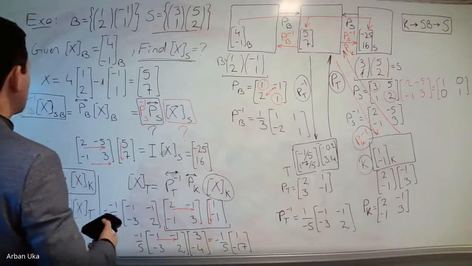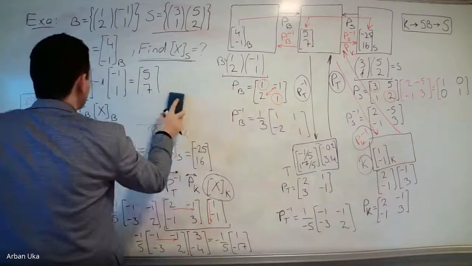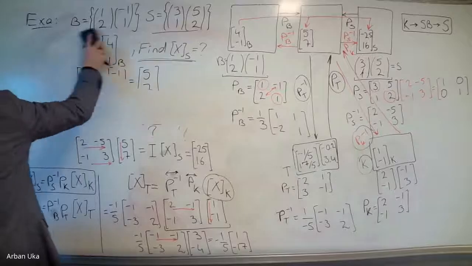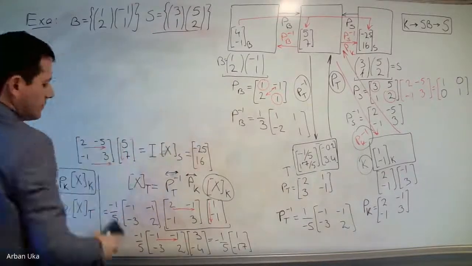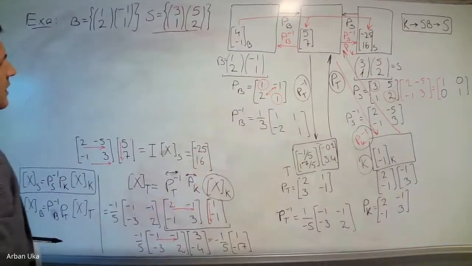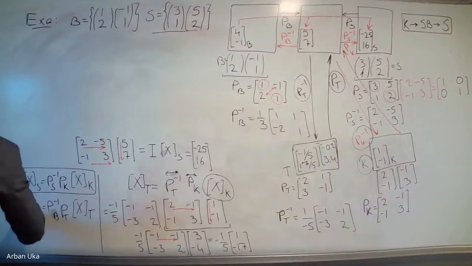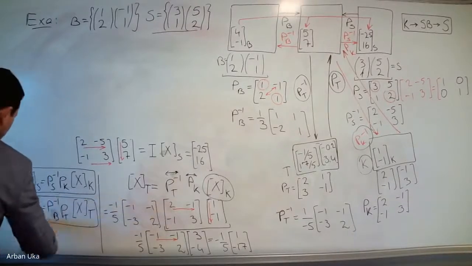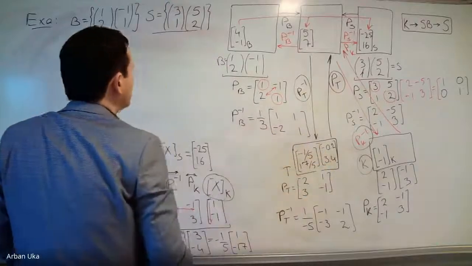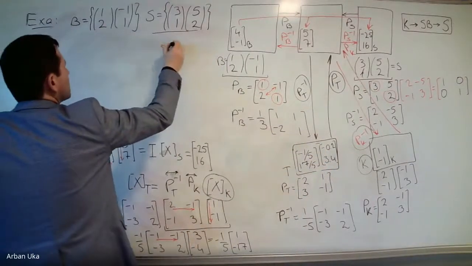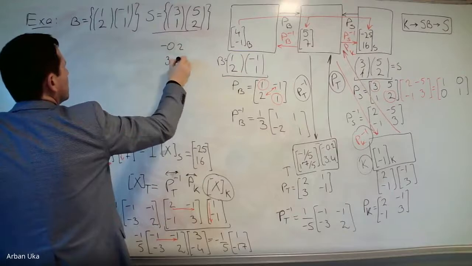But I hope that things are a little more clear now. Okay, so let's do this example here, Christine. We have xt, which is (-0.2, 3.4).